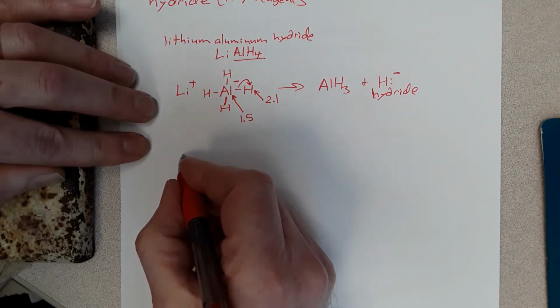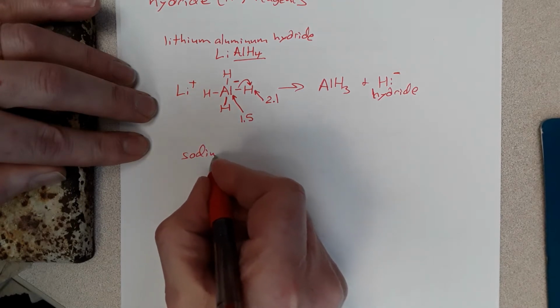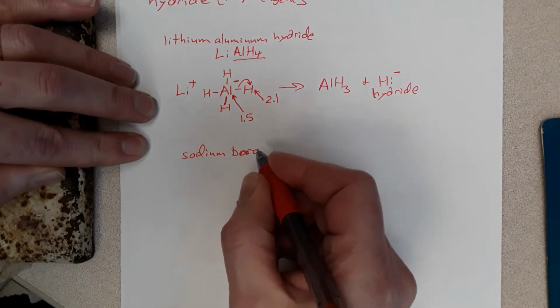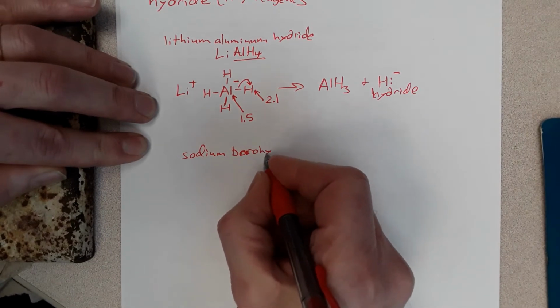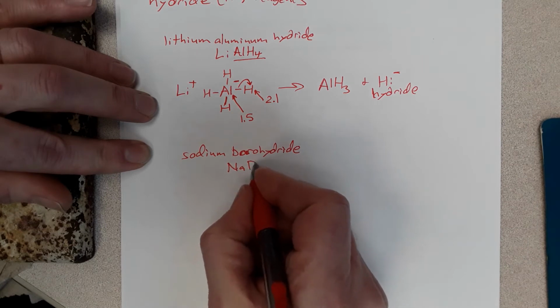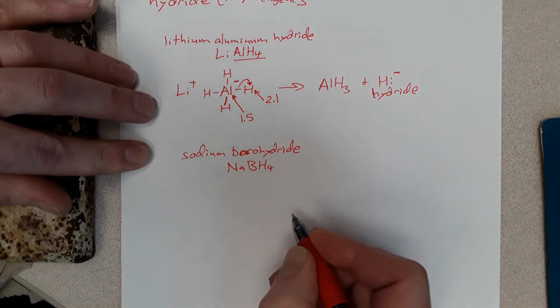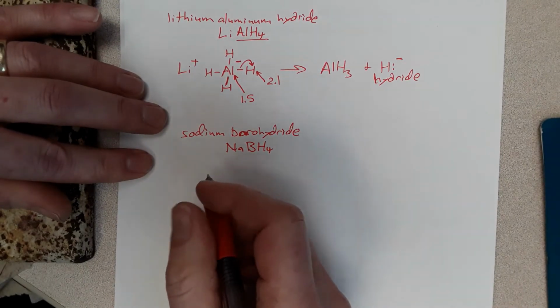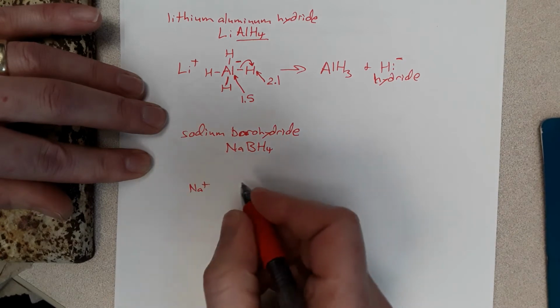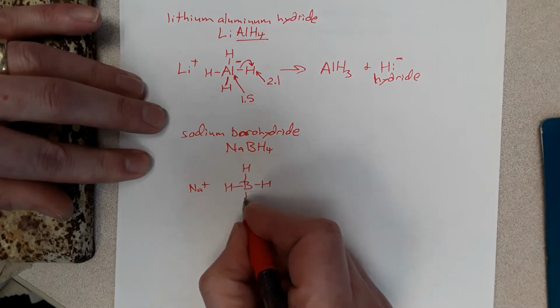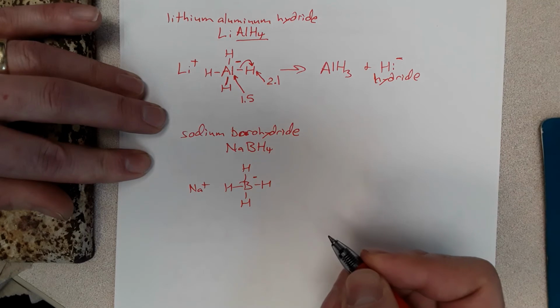Our second hydride reducing agent is sodium borohydride, that's B-O-R-O, hydride, NaBH4. You see already a similarity in the name and the structure. Let's draw out sodium borohydride. We have the sodium ion by itself, and then the borohydride, a boron instead of an aluminum, with 4 hydrogens attached to it and a negative charge on the boron.